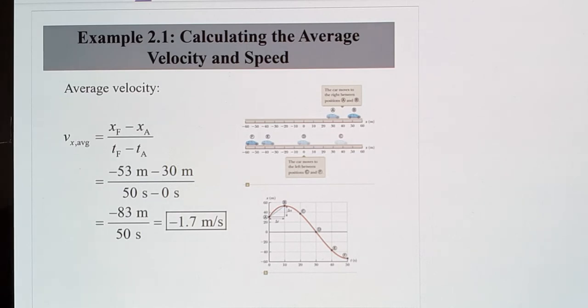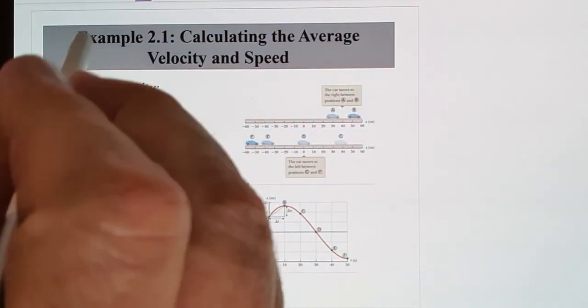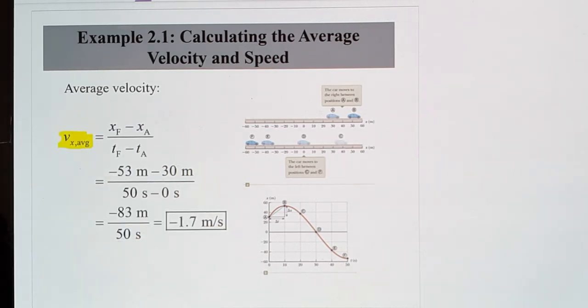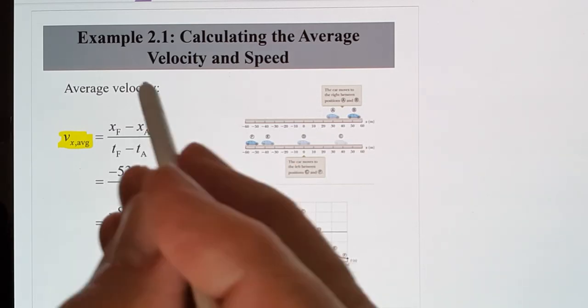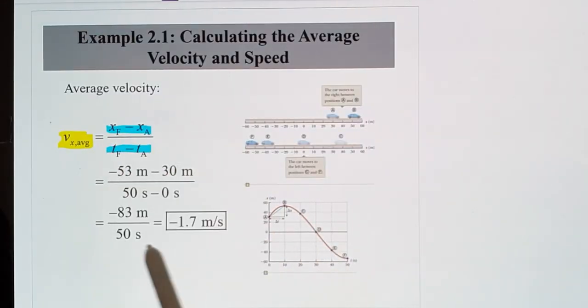Now let's calculate the average velocity. Average velocity is equal to displacement divided by time. So this is displacement and this is time. We said minus 83 over the total time, which is 50.